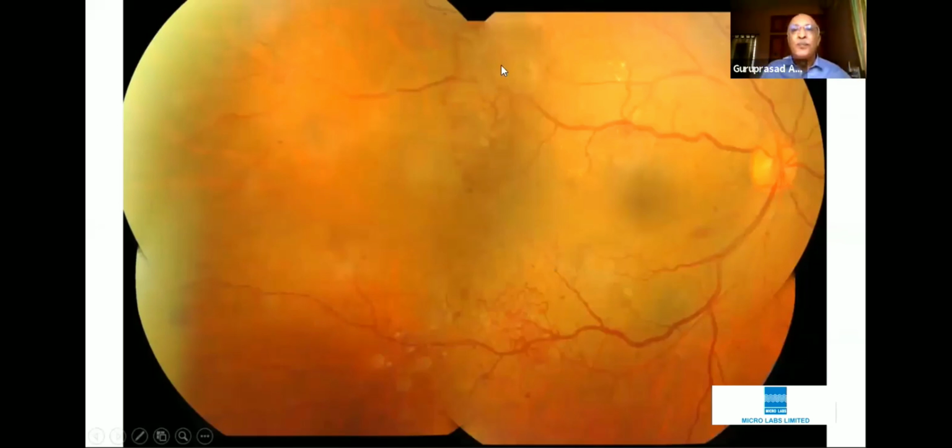So this is around the zone just beyond zone 1. If you know the ROP zones, you can use the word zone here because that gives the examiner a good impression of where exactly the lesion is, just outside zone 1. So that is 3 disc diameters from the fovea here.